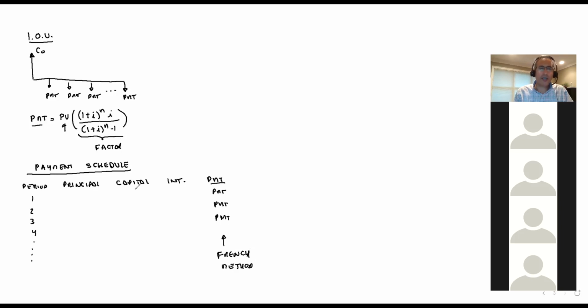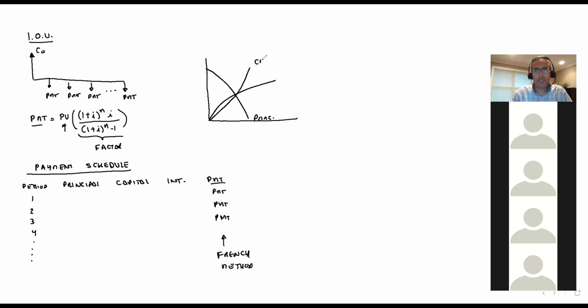So at the very beginning, the principal goes decreasing like that. This is my principal. My interest at the very beginning is larger than my capital, and my capital catches up soon.